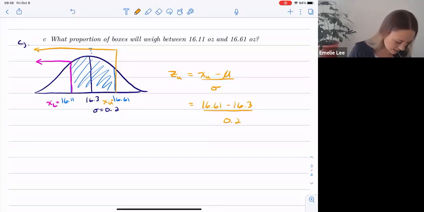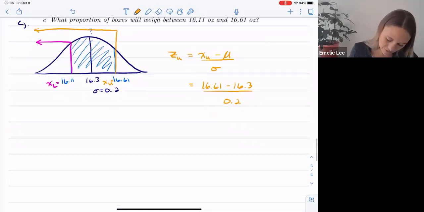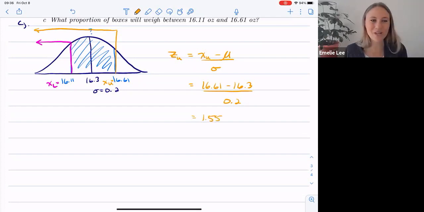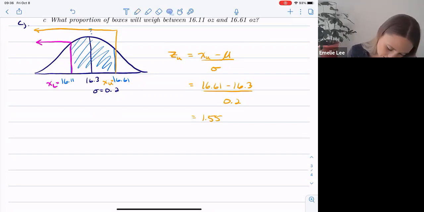That gives me a nice 2 decimal Z. Usually we'd have to round, but as long as you're rounding properly, you're going to be good.